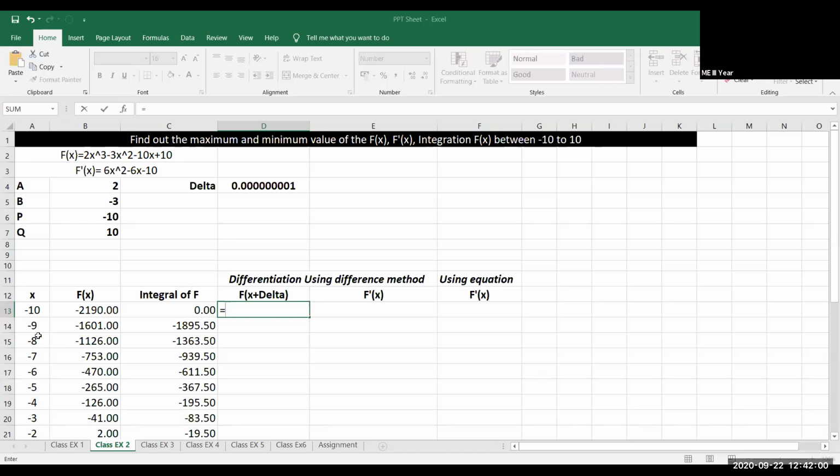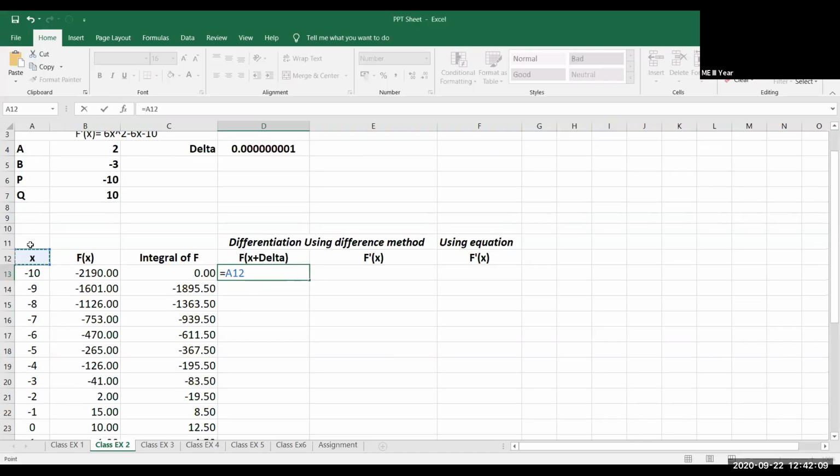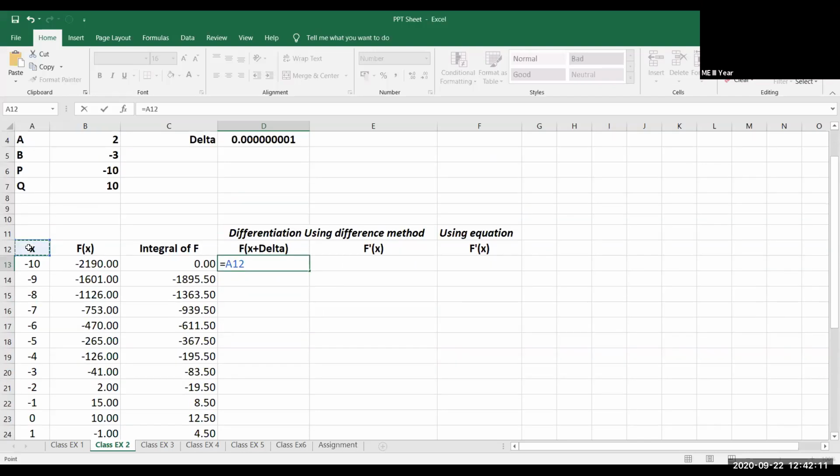We have divided this minus 10 to 10 into equal intervals of x value, equal intervals of 1.